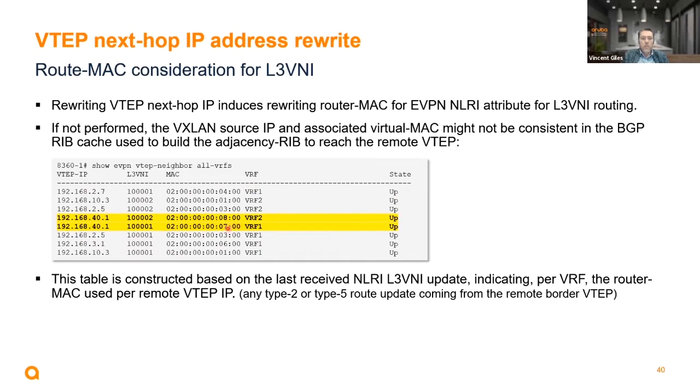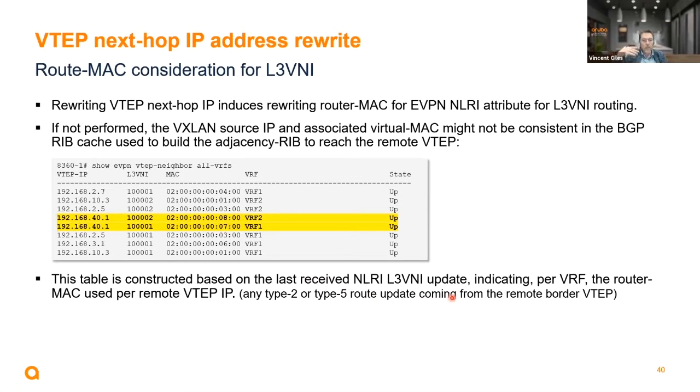So for this VTEP receiving that information for L3 VNI, for the VRF corresponding to L3 VNI 100,001, it should send the destination MAC being that value with 07. And any route update will update that table. So it means that any type 2 or type 5 route update coming from the remote border VTEP will update that.